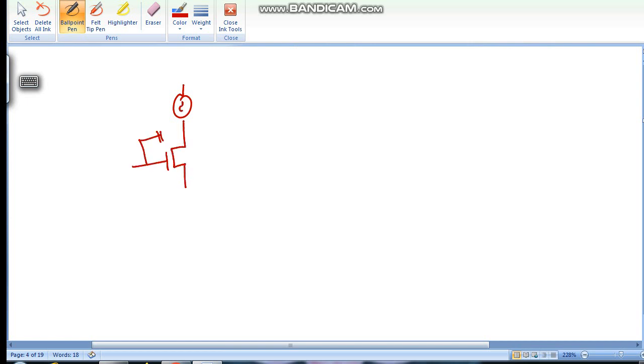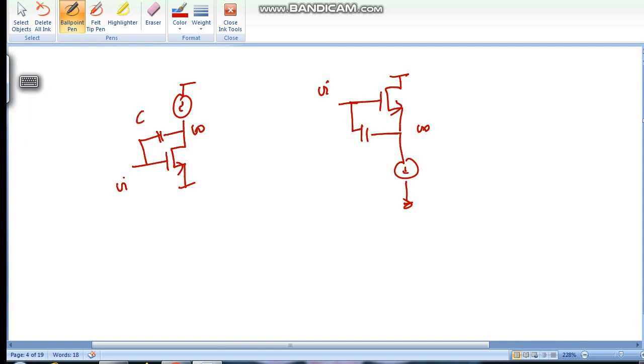Another is this NMOS, this is VO, this is VI, this is VO, this is VI, C. So this is the cap between gate and drain, CGD.